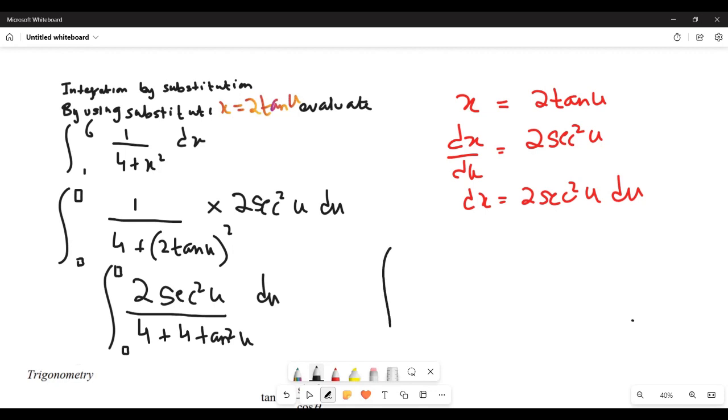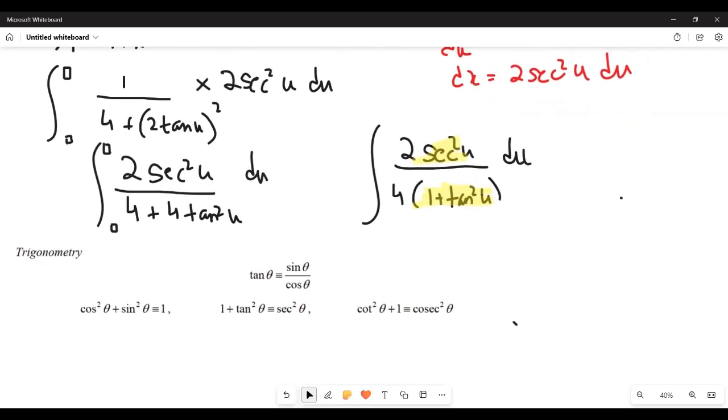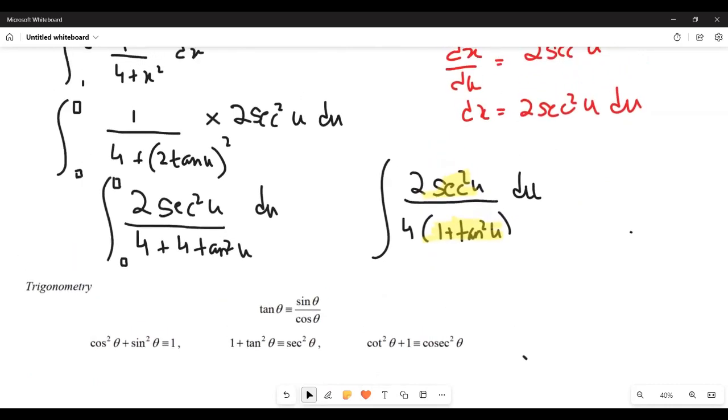So 4 is common in the denominator, and we get 1 plus tan square u, and on top we have 2 secant square u du. We saw earlier that these two are equal from this identity. Secant square u is actually equal to 1 plus tan square u.